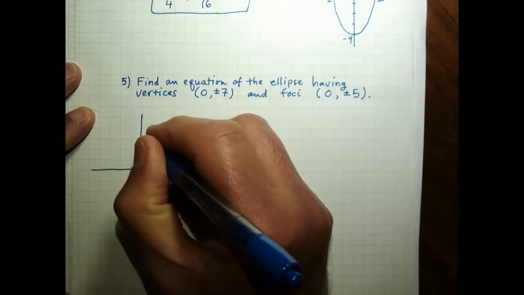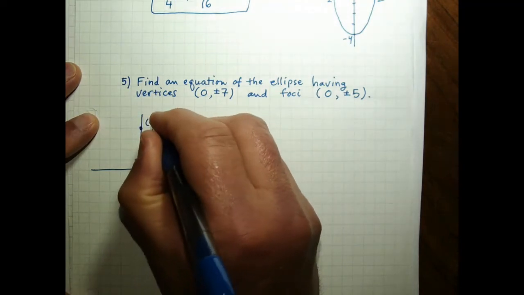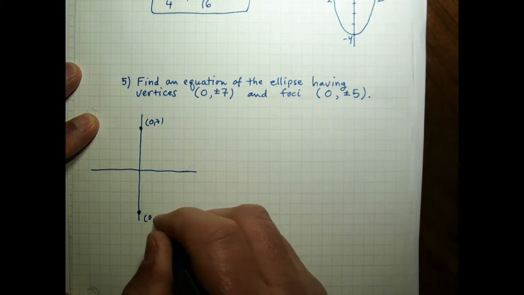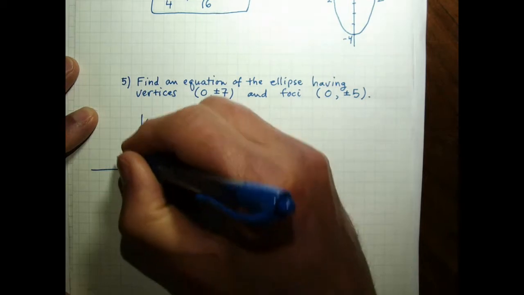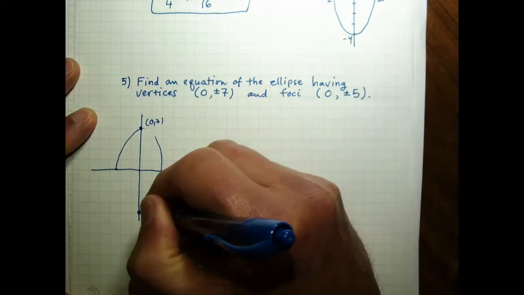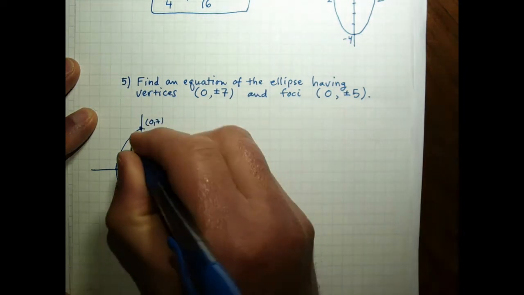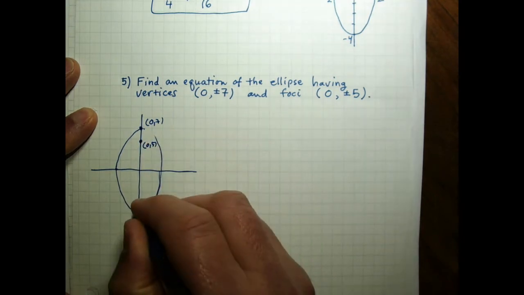Let's just say 0, 7 and 0, negative 7 would be points on the y-axis, right? So our ellipse is going to have some sort of shape like so.